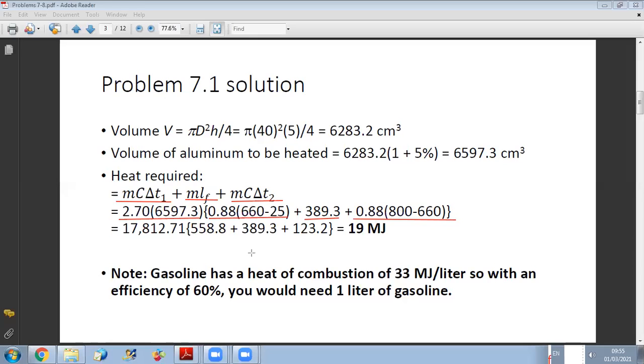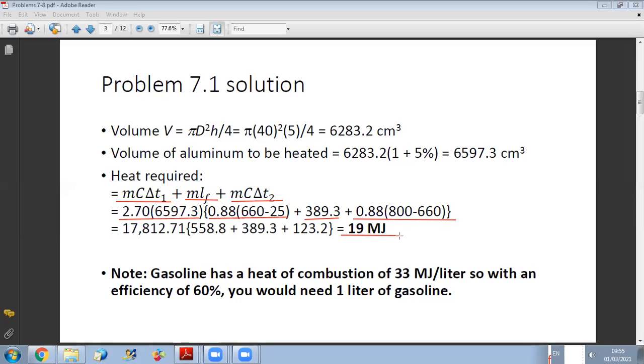And as you can see here, you will obtain a value in joule, but because it's times 10 to the power 6, you can convert it to megajoule. So you need 19 megajoule, which is a very large amount of heat, in order to change your system from 25 degrees to 800 degrees.